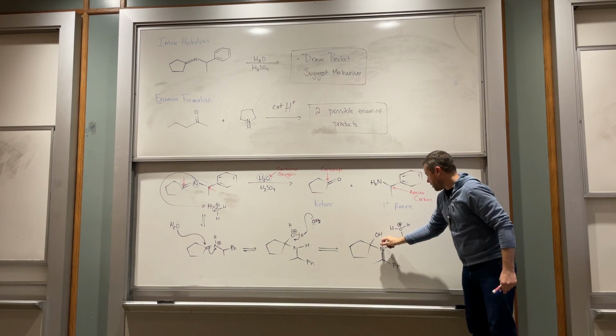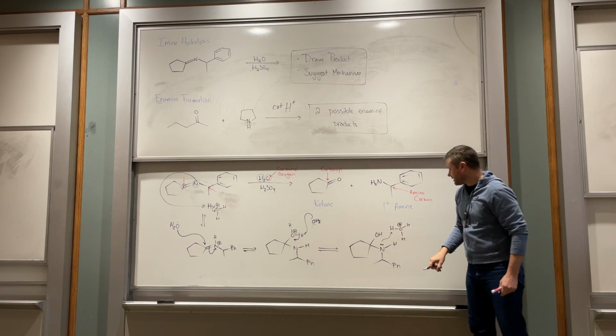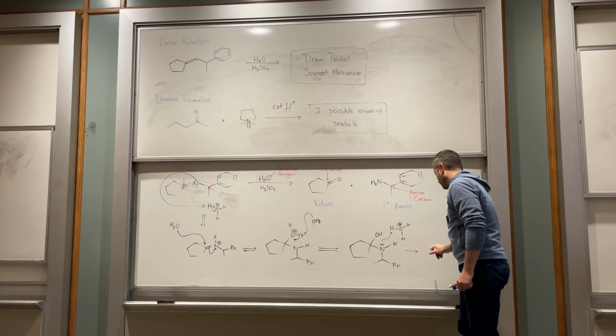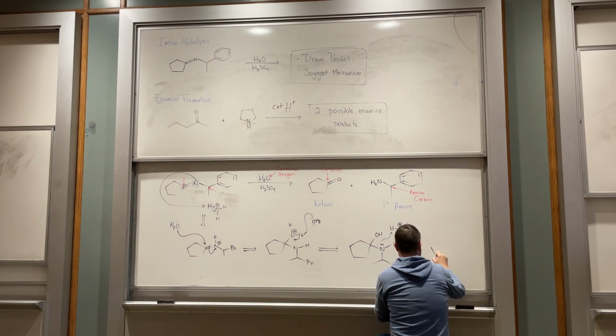So once we form our hydronium conjugate acid, the nitrogen can pluck the proton from there. And that gives us our amino leaving group.